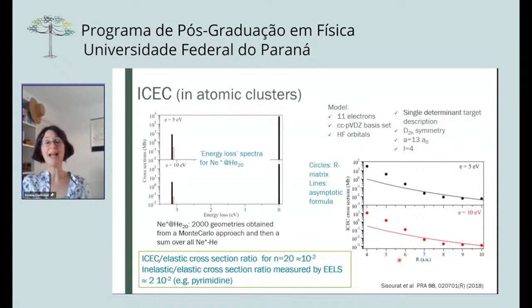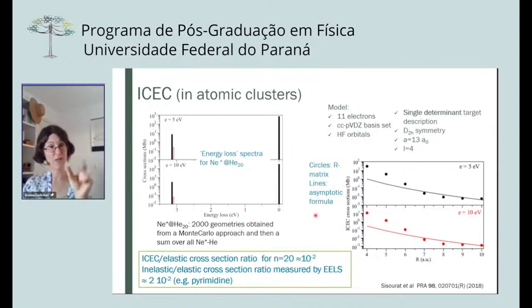But as expected, as the distance between the helium and the neon gets smaller, there is more of a difference between the asymptotic formula and the more accurate calculations. And in this case, the more accurate calculations give bigger cross sections because they take into account the exchange and the correlation.